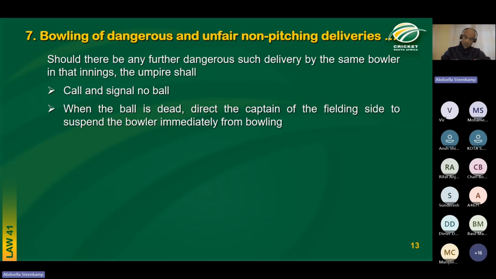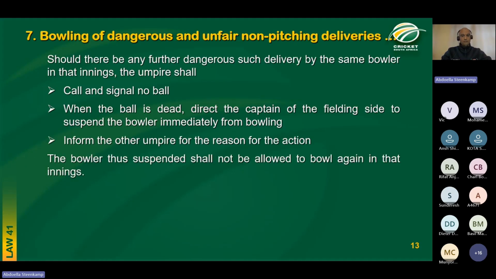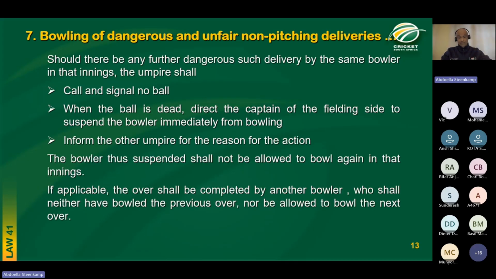We've given him or her first and final earlier in this innings. Now second time, above waist height, dangerous ball, likely to inflict physical injury to the batter. Please now suspend the bowler from bowling. You'll inform your other umpire. So this bowler is suspended for this innings. Bowler not allowed to bowl again in this innings.